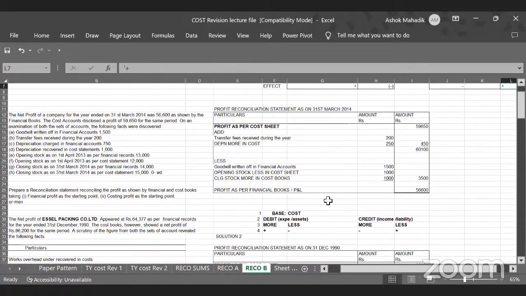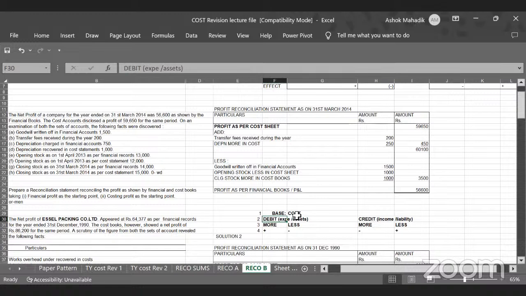Now we'll solve the question. This is a fixed format. What is appearing below the answer format is a fixed table. Remember this table. What will change? Only the base will change. So when you appear for the paper, just make this format. Write base. Only the base will change, whether cost or financial profit. Below that, whatever is mentioned is fixed. This won't change. First, make two sections: debit and credit.